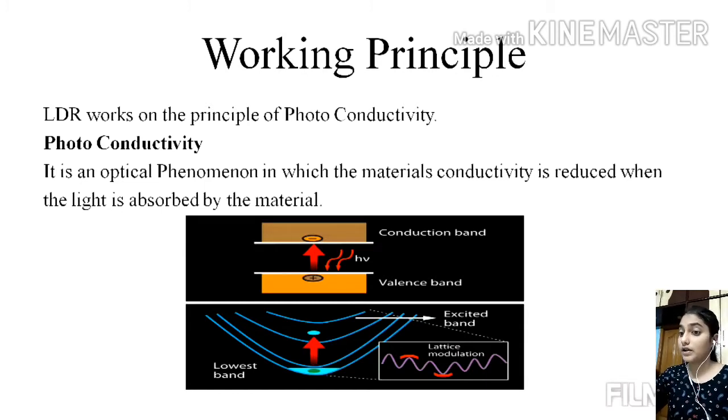So when the object observes light, then the material's conductivity changes. That is an optical phenomenon, which is photoconductivity. So a brief definition is mentioned on the screen. It is an optical phenomenon in which the material's conductivity changes when light is absorbed by the material, which means when the light, that is the photons, falls on the object.